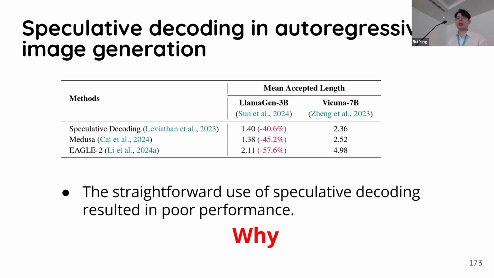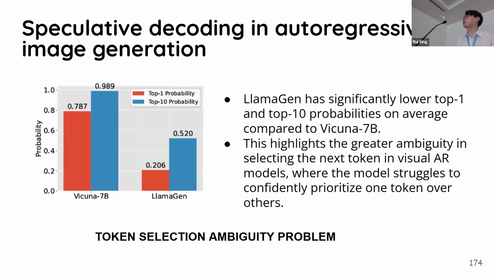So let's see a simple experiment. In the left figure, the top 1 and top 10 probabilities of the two generation models are reported. Vicuna is the text generation model, and LlamaGen is the image generation model. We could find that LlamaGen has significantly lower top 1 and top 10 probabilities on average compared to the text generation model.